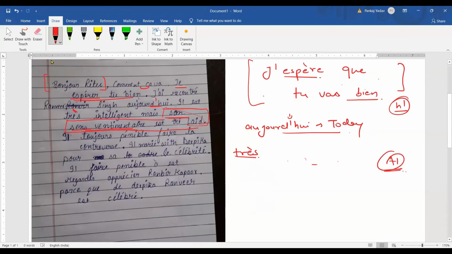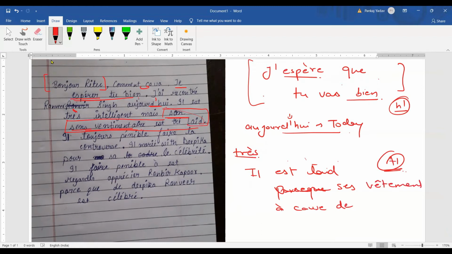What you can write is, il est laid parce que, or wait, what you can write is à cause de ces vêtements. All right, à cause de ces vêtements.